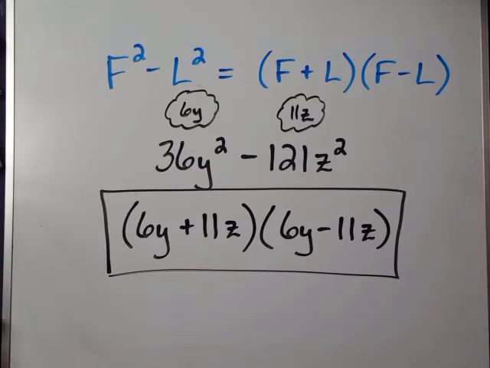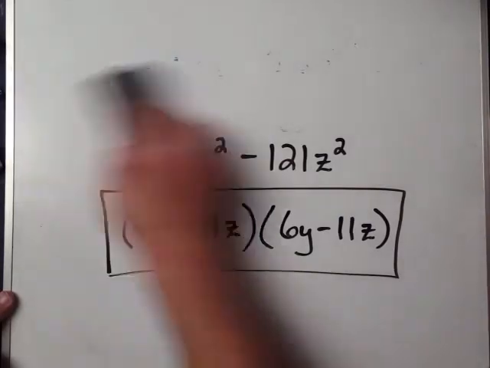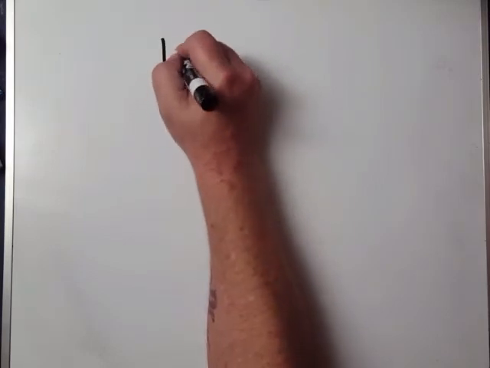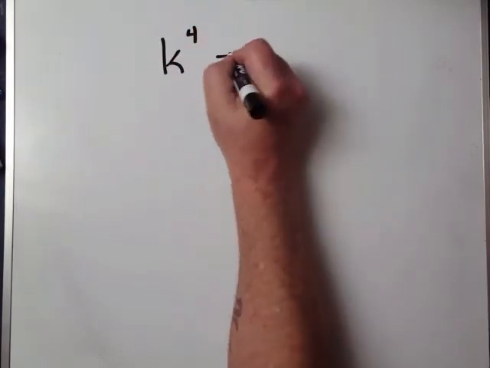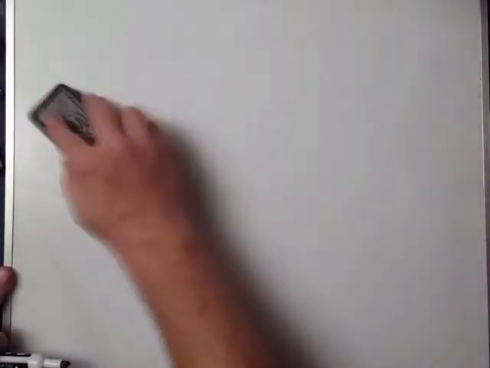Now let's take a look at number 44. It has a little something extra in it. Number 44. Let me rewrite that a little lower on the board so I have room for my clouds.